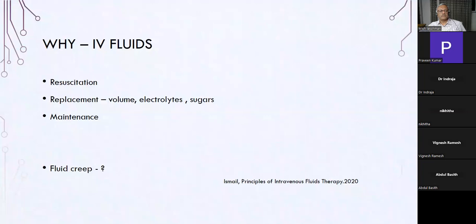We replace the volume, we replace the electrolytes, we replace the sugars, not just only the volume. And the other reason we give IV fluids is maintenance of the patient. If the patient is in ICU and he's unable to take anything perorally, or there is some kind of obstruction, and we need to maintain him intravenously, in that case we give IV fluids.